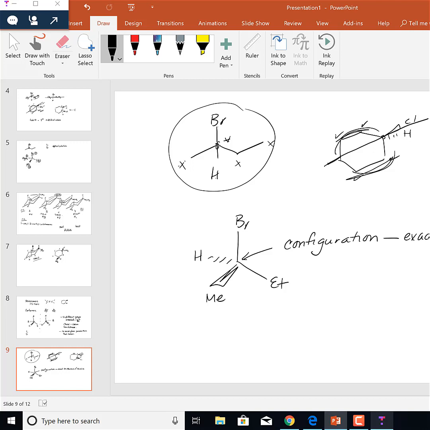And there's 2 letters that we use to designate that. It's either R or S. Every single chiral carbon has to get an R or an S description. And that tells you whether it's one way or the other way.